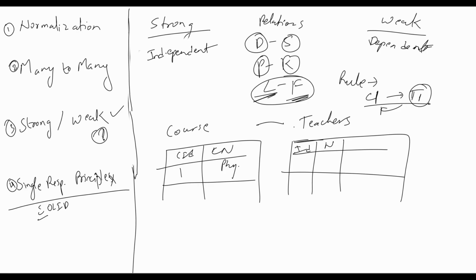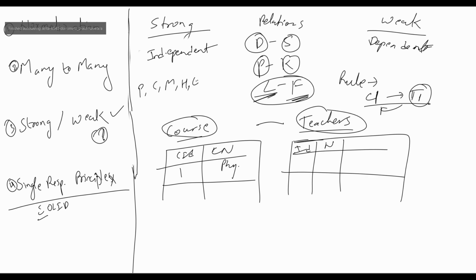Now who is dependent on whom? That's important now. The teacher is only in existence because of the course, and the course is independent because it's already defined that we have physics, chemistry, maths, Hindi, English. It's always defined.